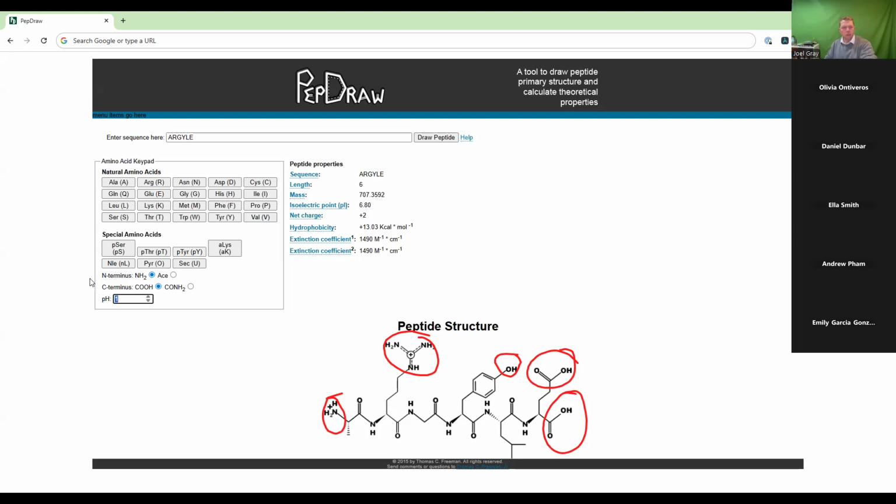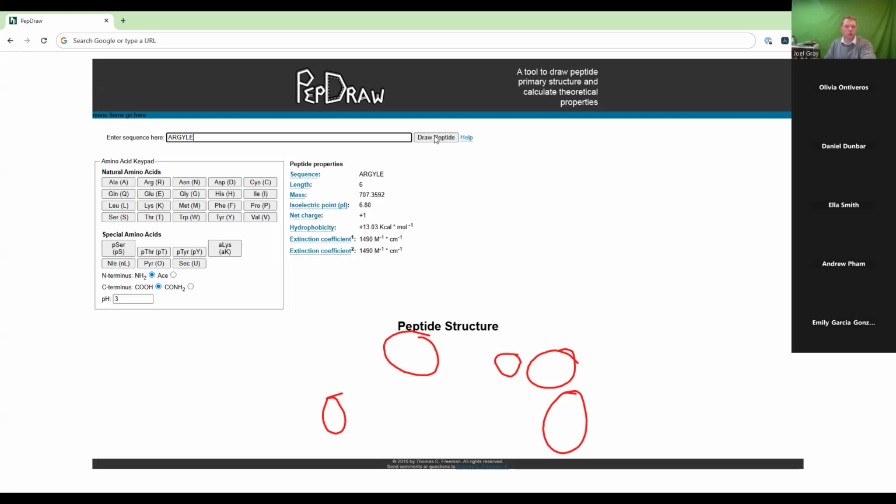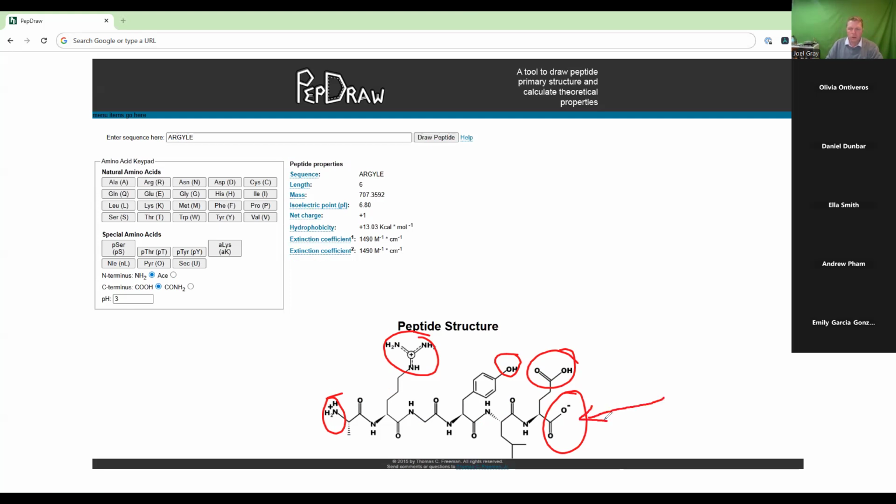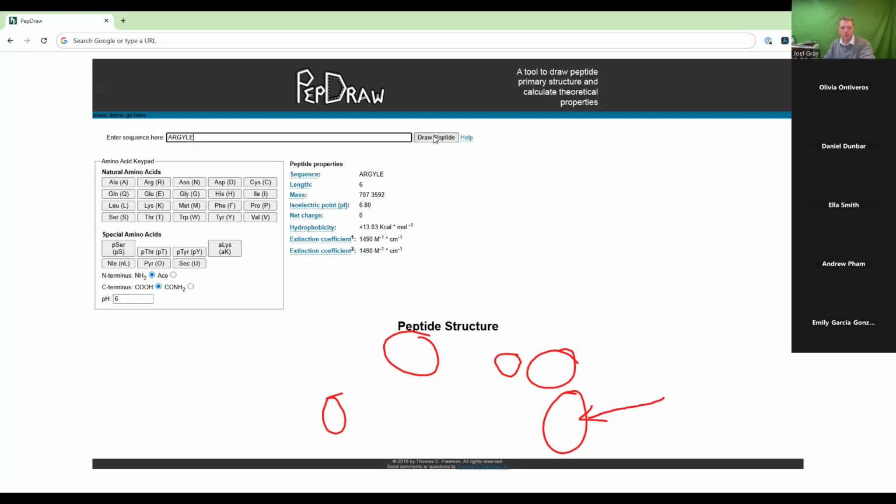Okay, let's see this at a pH of 3. Oh, only the C terminal group, which is right here. Only that one got deprotonated. So this is what my molecule looks like at a total charge of +1. If we continue increasing, let's go to 6 and take a look at it.